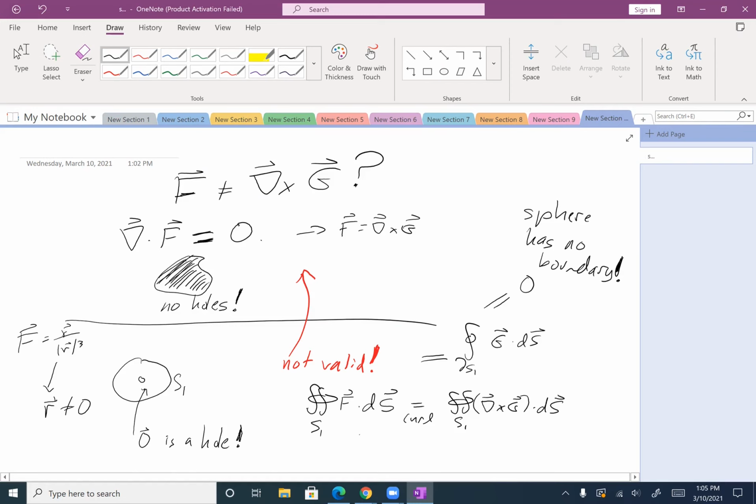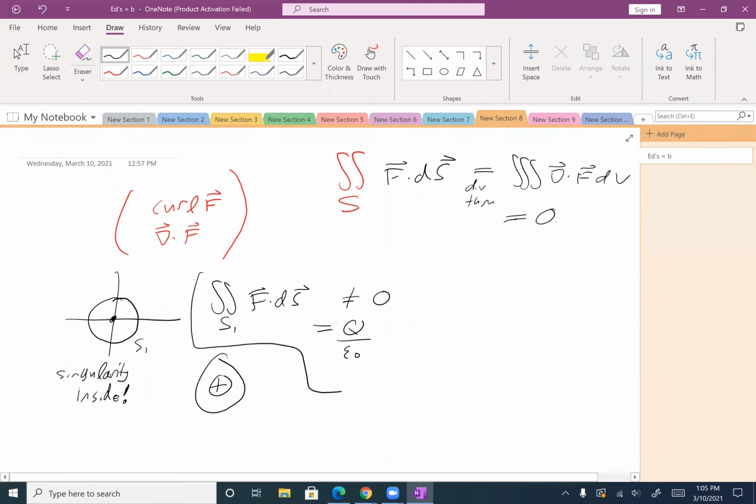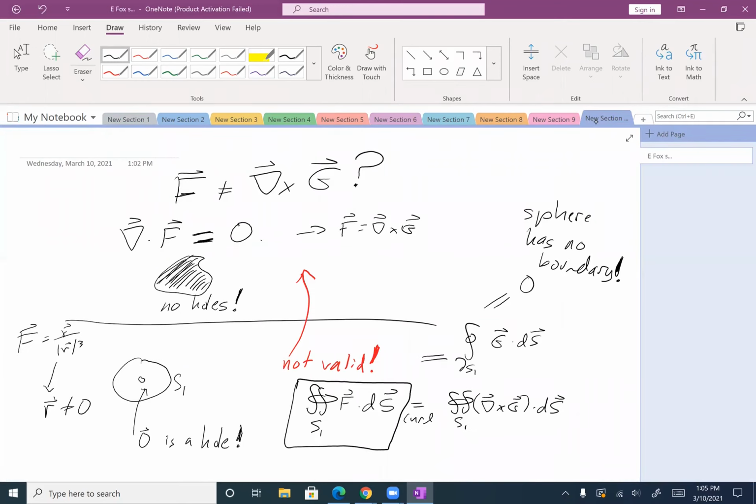So we would conclude that this flux integral is 0. But this is not 0 because it has to include the charge. It has to include a point charge inside of that sphere.